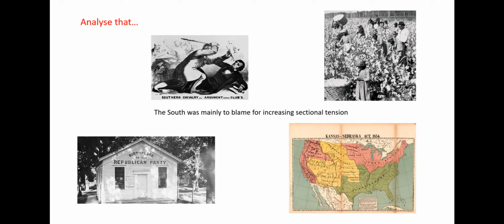The Kansas-Nebraska Act, the line in the Kansas-Nebraska Act that made the Missouri Compromise line null and void, and so infuriated Northerners, was insisted upon by Southern senators.